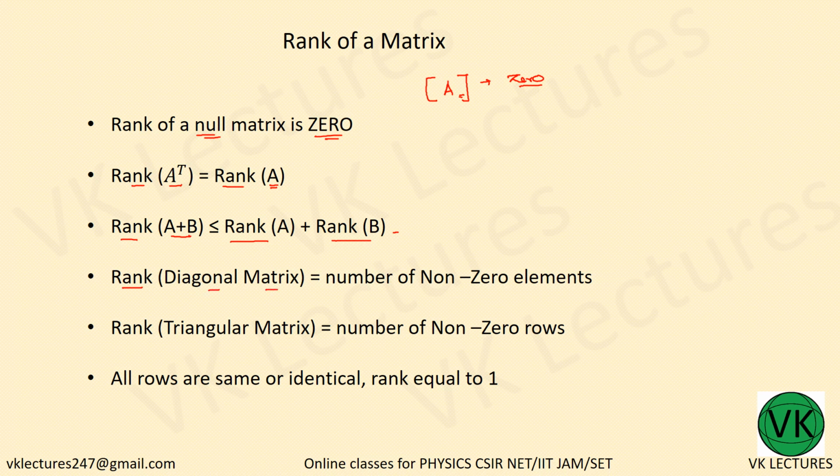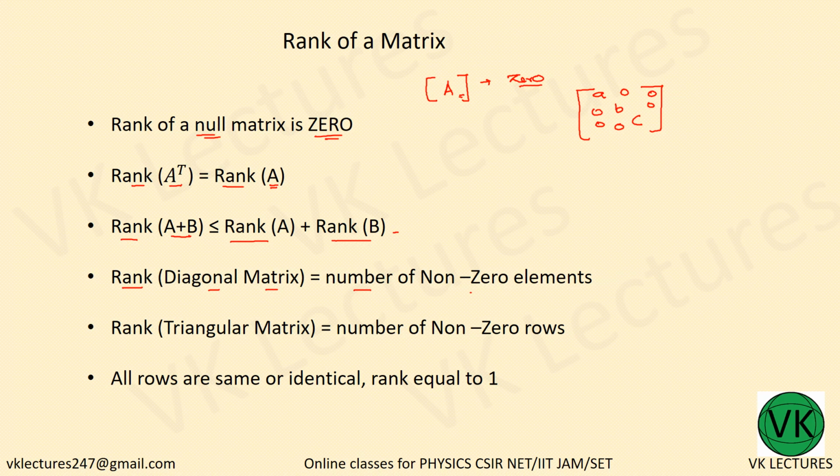For example, you have the diagonal matrix A, B, C. Diagonal matrix means only diagonal elements will be present, all other elements will be equal to 0. Now rank of this diagonal matrix will be equal to the number of non-zero elements in this matrix.